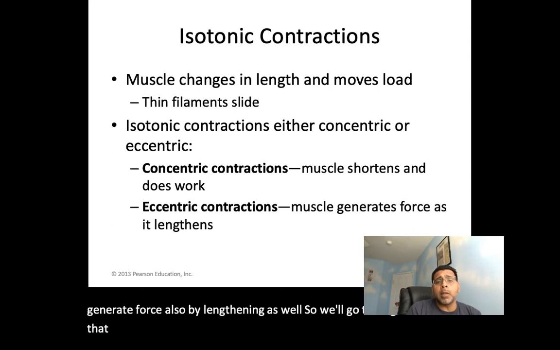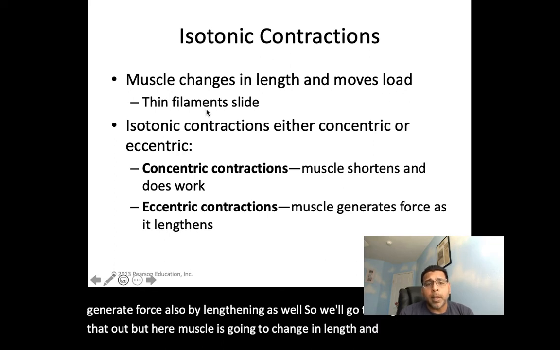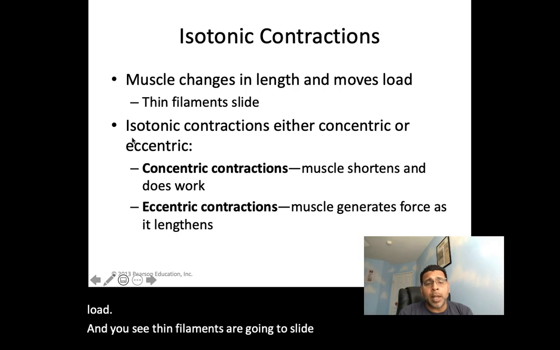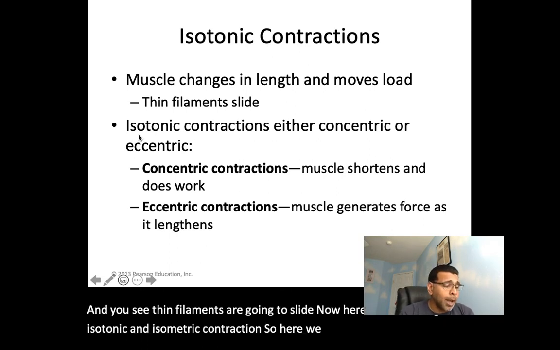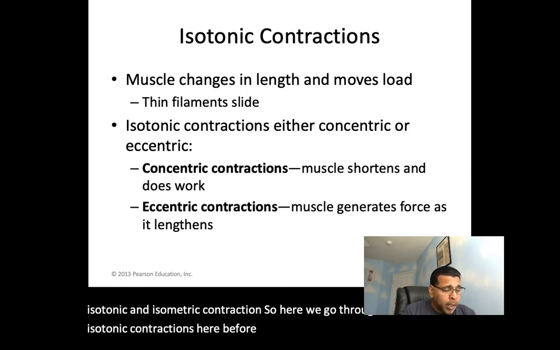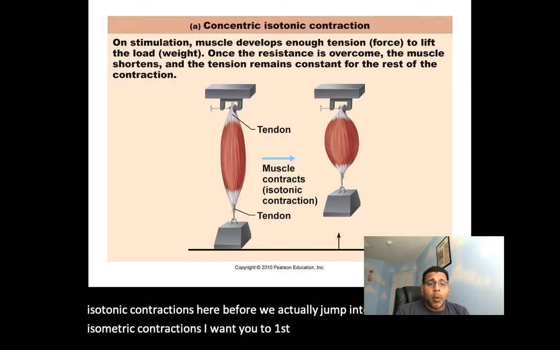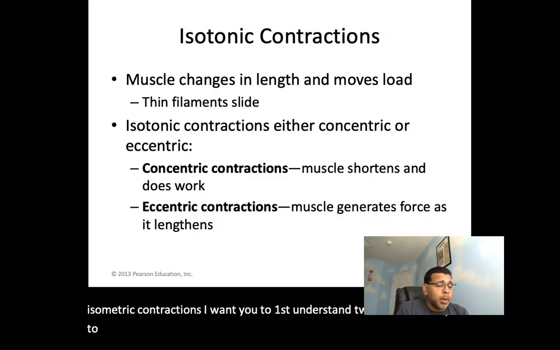Here, muscle is going to change in length, and it moves a load. And you'll see thin filaments are going to slide. Now here we'll look at, again, isotonic and isometric contractions. Before we actually jump into them, I want you to first understand two terms. The first is muscle tension.